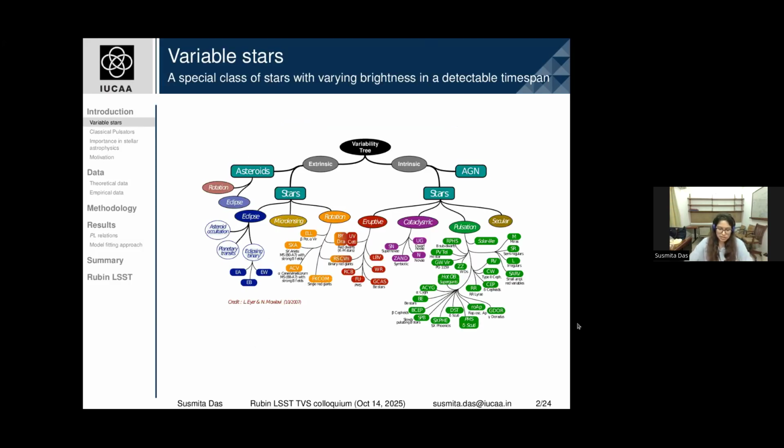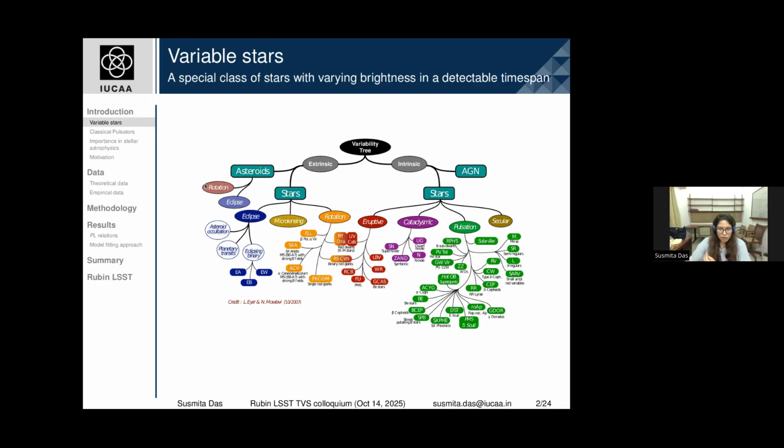So, of course, this is the transients and variable stars group, so the variability tree needs no introduction. However, what I would like to point out is that in this talk we will be specifically talking about classical pulsators, which belong to the class of variable stars whose cause of pulsation is intrinsic to the star.